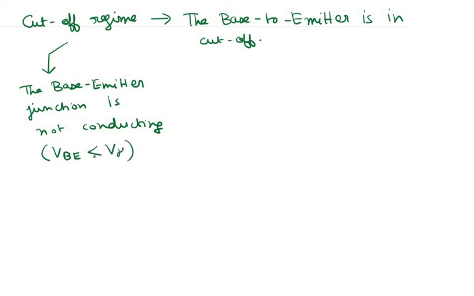Okay, and it doesn't matter what the collector to base voltage actually is. Actually it's not that it doesn't matter, but the base to emitter junction is still reverse biased.